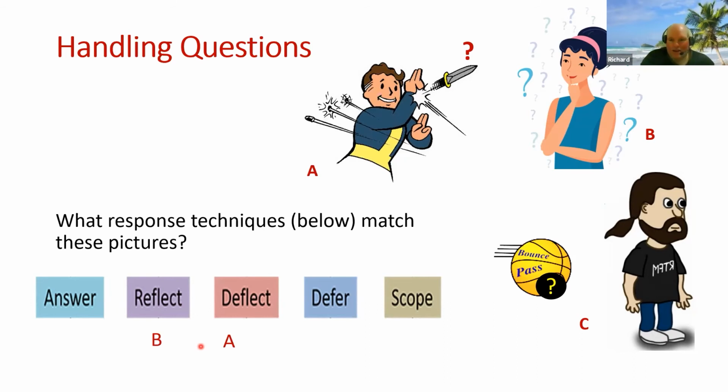All right. And C, getting hit in the back of the head by a ball, not knowing it's coming. C, what is that? Now, the person throwing the ball is the presenter, of course. Does anyone have an answer?